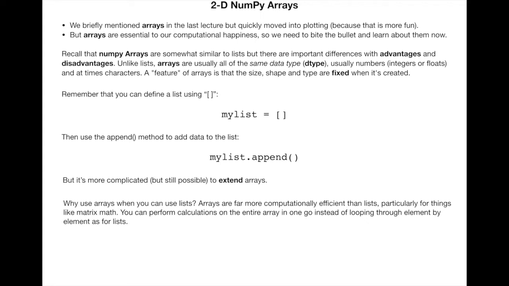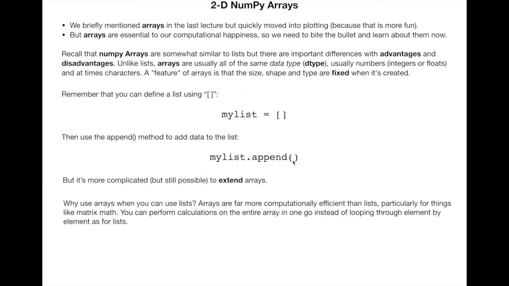Lists are also ordered. For example, you can define a list using square brackets without anything inside it, and then use the append command to add elements to it. But it's much more complicated to append, or we call extend, arrays in this way using a function like this, as you will see in an example later on. But there are other ways to do it.